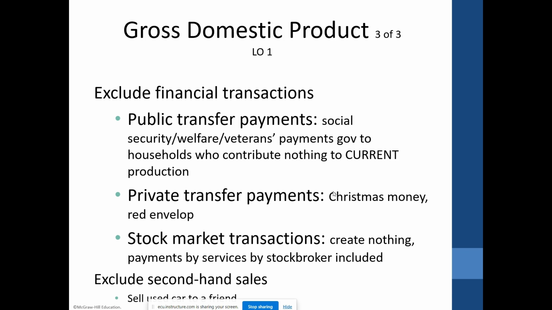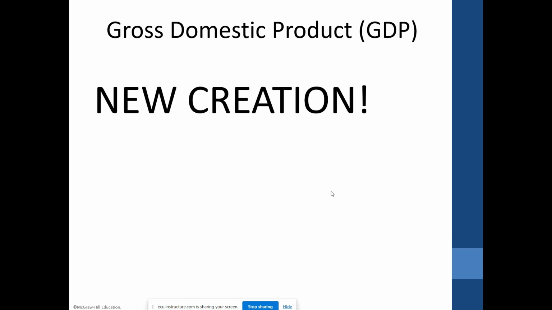Therefore, they are not included in the GDP calculation. Second-hand sales contribute nothing to current production and are ignored when calculating GDP. In sum, when calculating GDP, only focus on new creation or production.